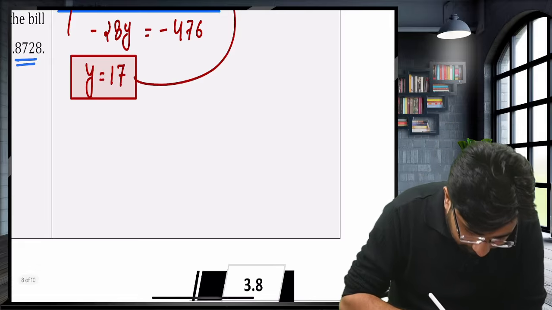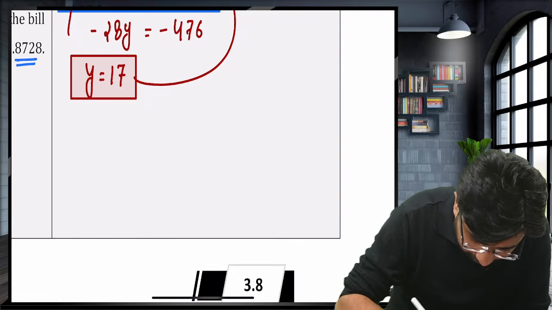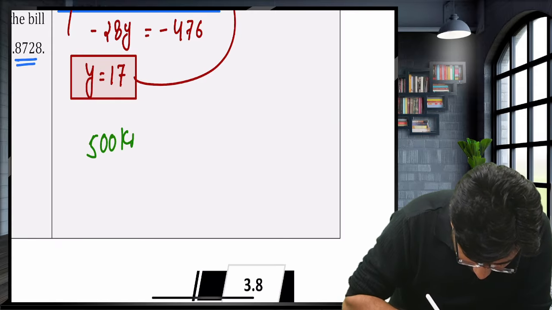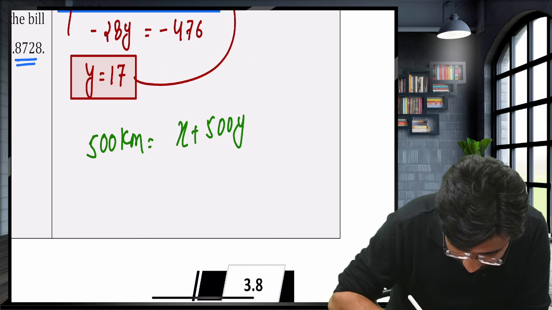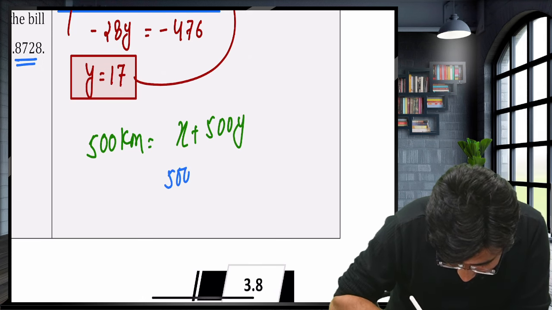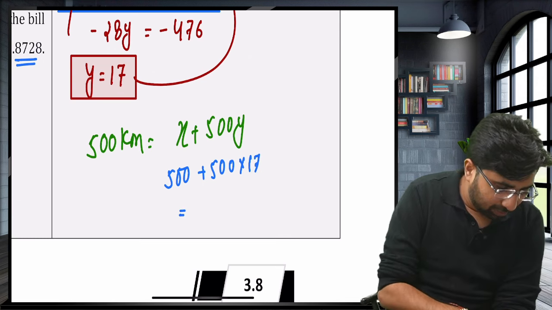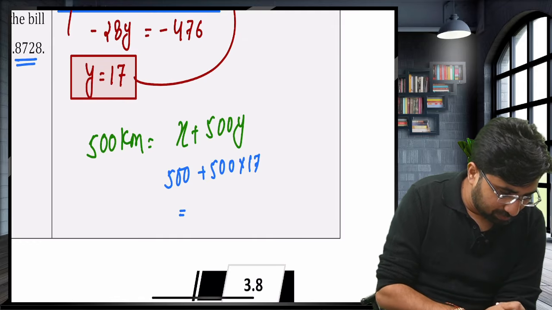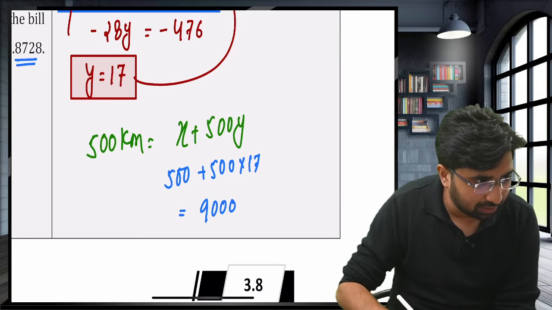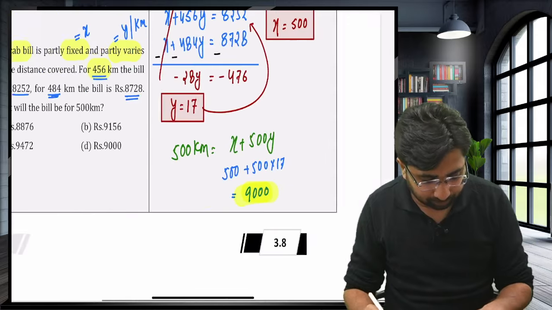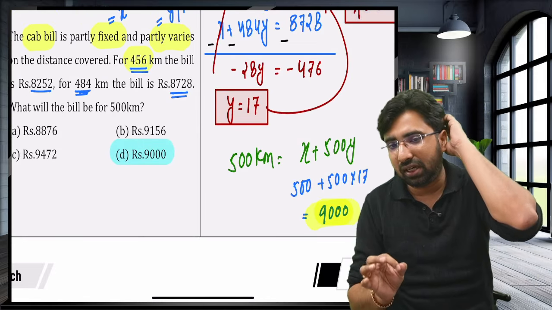So for 500 kilometer, how much will you charge? x plus 500y: 500 plus 500 multiplied by 17. We will be charging 9,000 rupees. Everybody with me? Option D, 9,000 is the right answer.